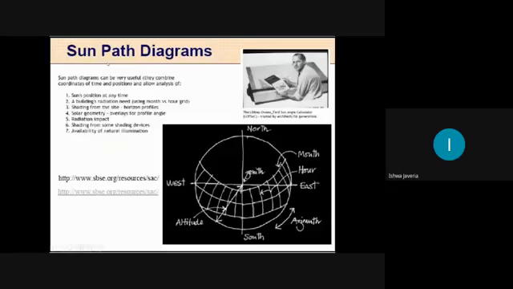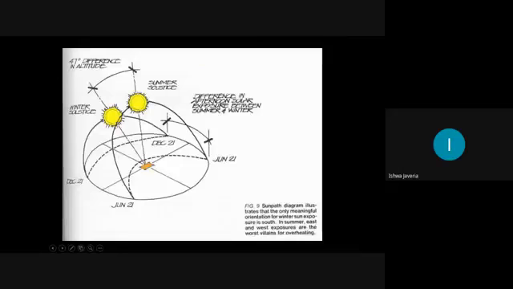And then we have the sun path diagrams again, and these are the different sun path diagrams. We have already explained this is the summer angle, this is the equinox sun path, and this is the winter solstice. And you can easily find all these sun path diagrams of different areas of the world on this website.